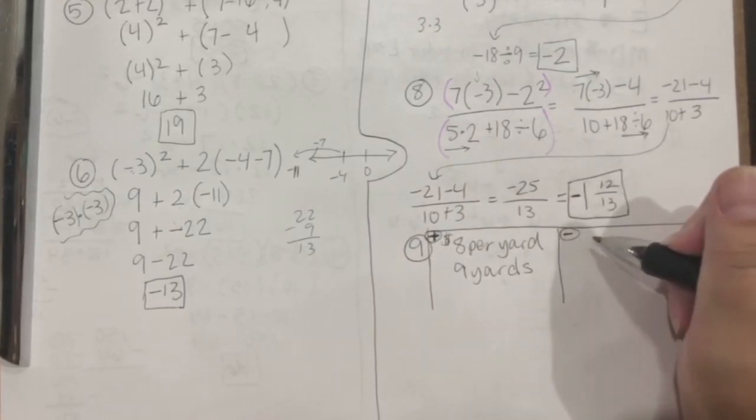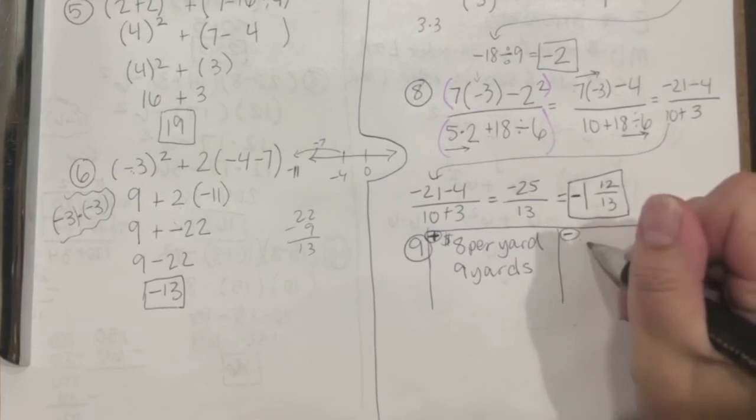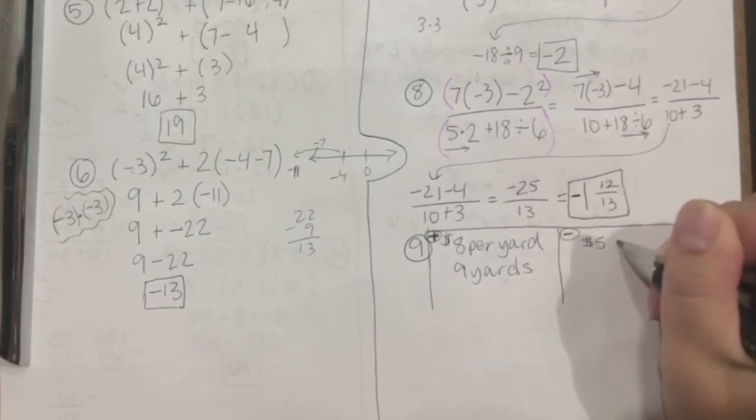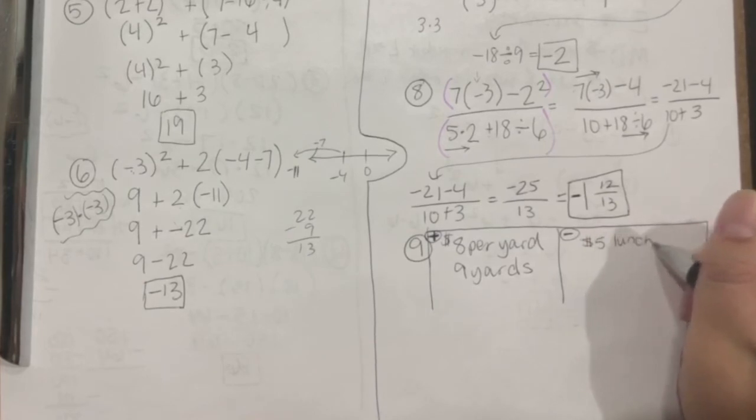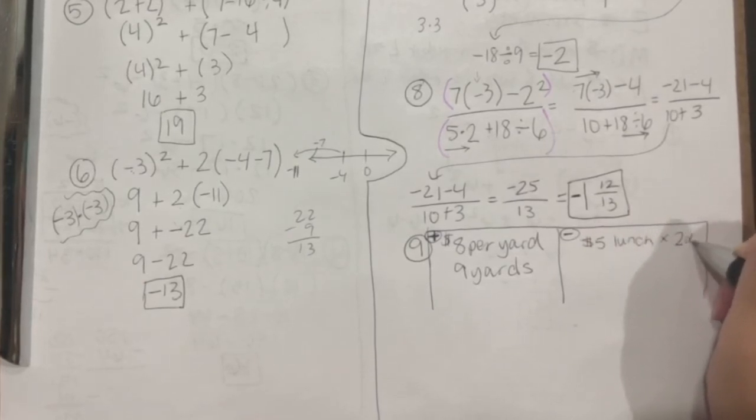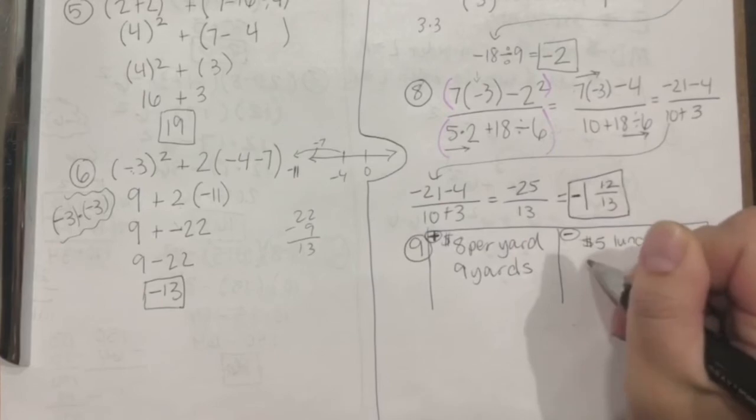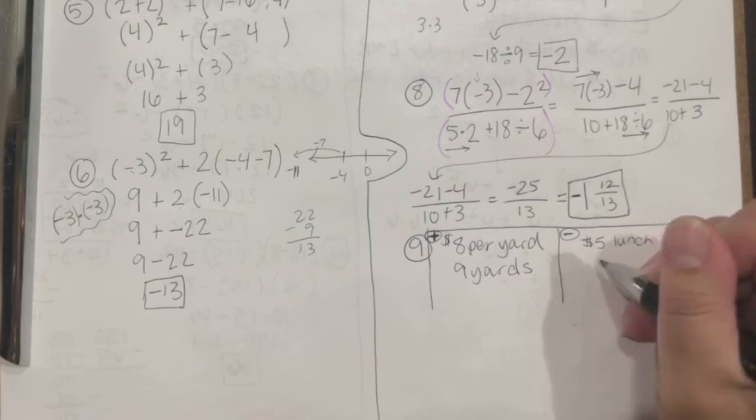So during the week, he purchased a $5 school sack lunch on 2 days. So $5 for lunch times 2 days. Okay, next. He paid back the $10 he owed his older brother.